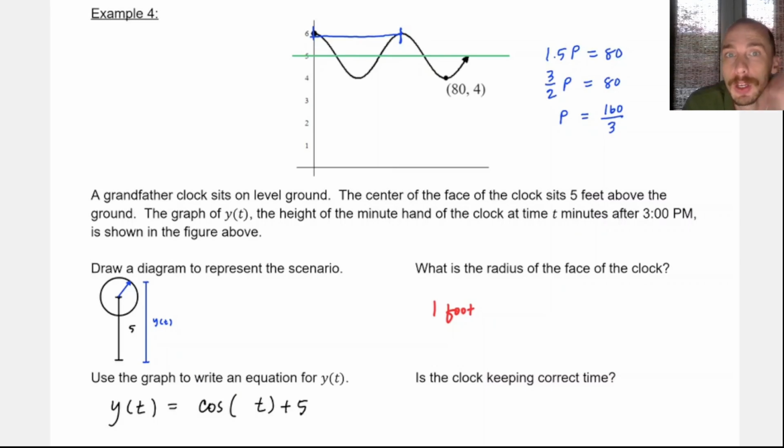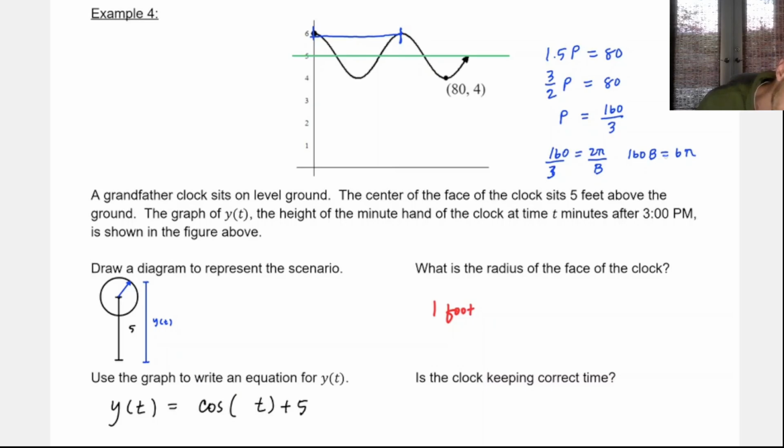Okay, so I need period equals 2 pi over b. It was 160 over 3 is 2 pi over b, multiply here, 160b equals 6 pi.